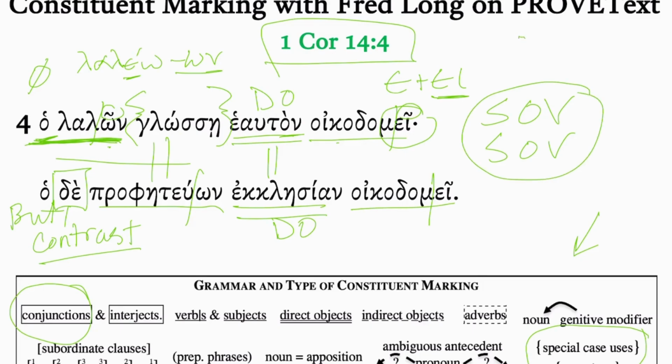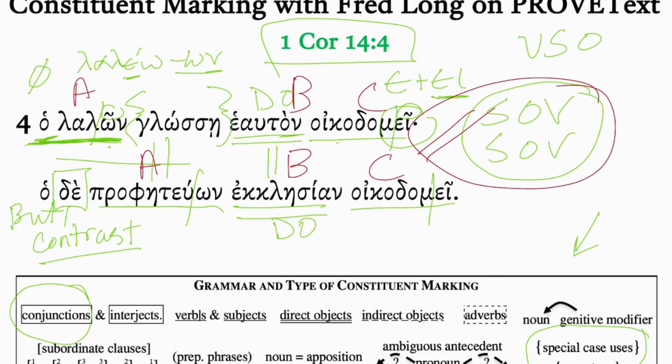Normal word order is verb, subject, object, VSO, but we have in fact subject, object, verb, and this causes the elements to be paralleled. So there's the subject, here's the direct object, and then here's the verb. So you have ABC, ABC. So you have really a parallel kind of statement and a violation of word order in a sense, or not a violation, but a departure from the default.